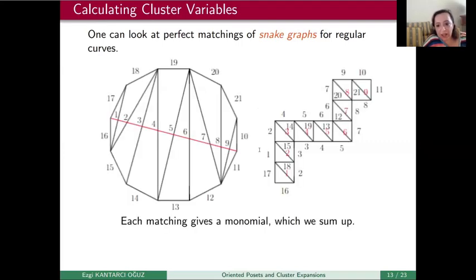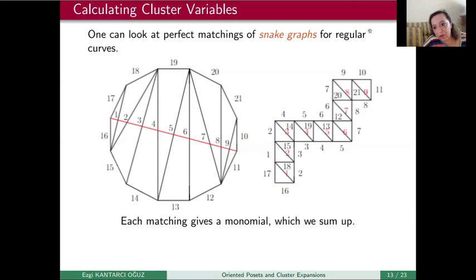What she used, and I guess it is a very common combinatorial tool in the area, is snake graphs. When you are given a curve, you draw a graph called the snake graph. For each crossing of the curve, you get a box, and the way you orient the box depends on which way the triangles are pointed.